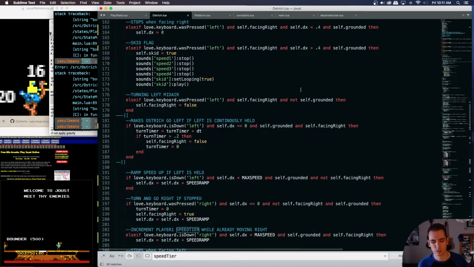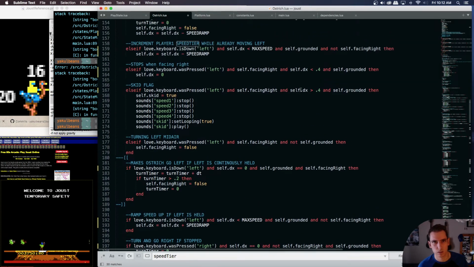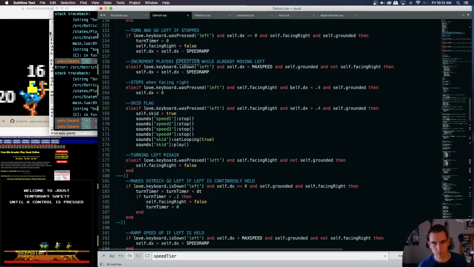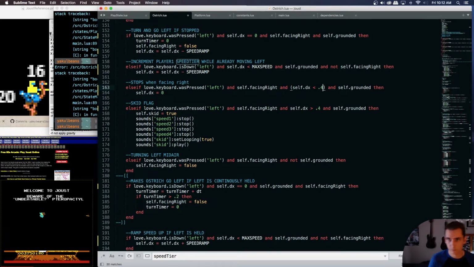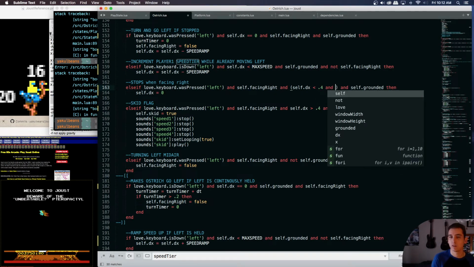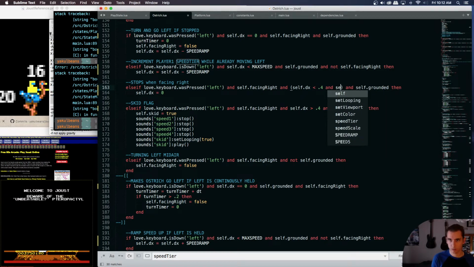Or greater than -0.4 and smaller than 0. Yeah, self dx is greater than or smaller.